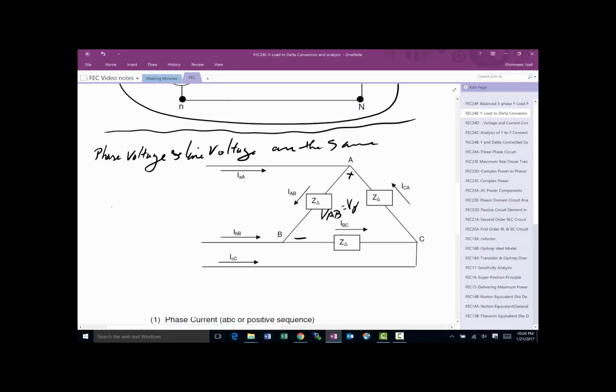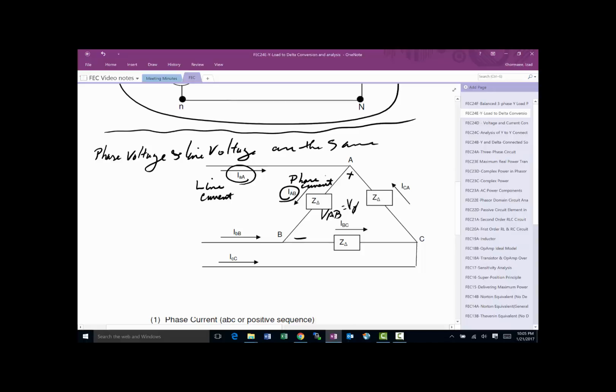Now, the other thing to remember at this point is that unlike the Y connected load, this is the line current, but this is the phase current, and they are not equal to each other.